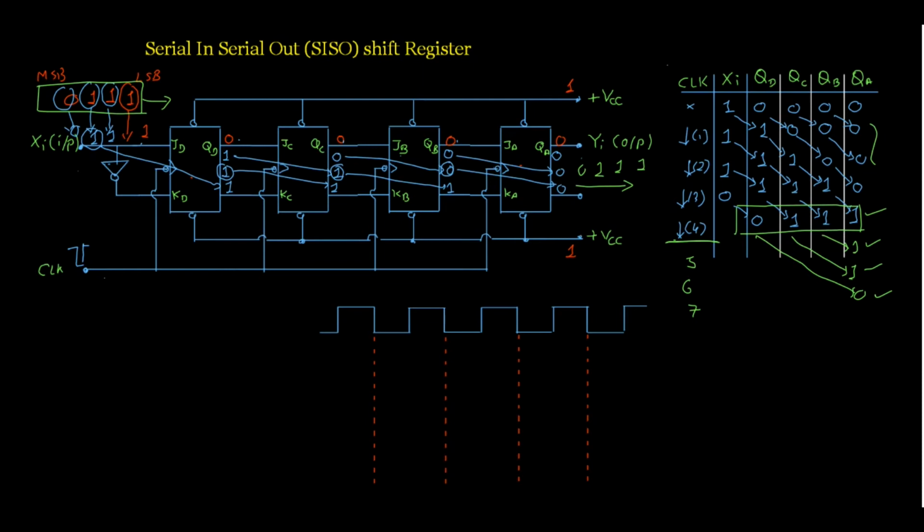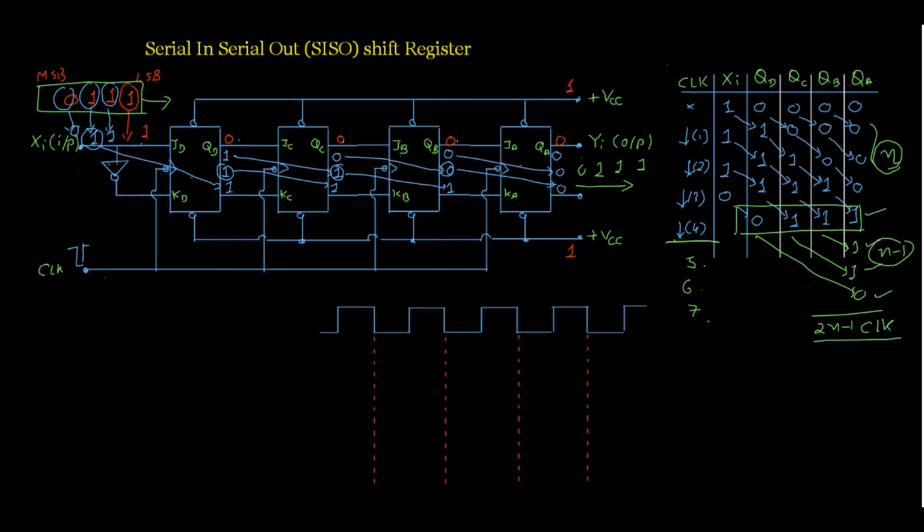Here you can see the 5th, 6th and 7th pulses. So n clock pulses will store the data, and n minus 1 clock pulses are required to get the output. So in total you require 2n minus 1 clock pulses to get the output in serial fashion.